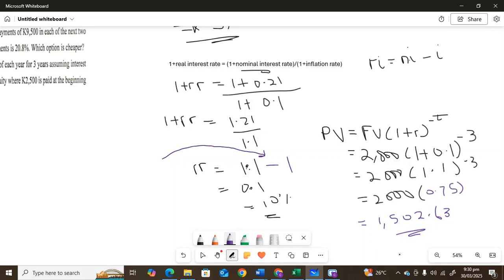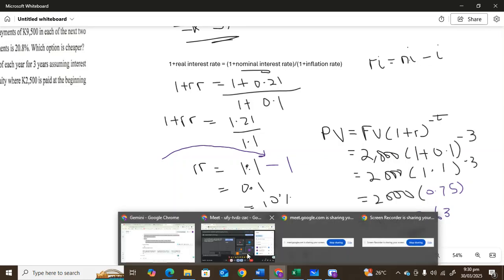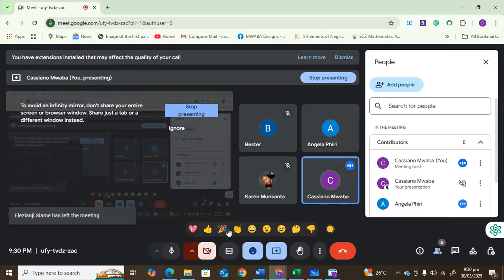So in reality, when you're making decisions with these types of questions, it's always important to take into account inflation, because if you ignore inflation, yes, you know how much you need to put in and everything, but since there's some inflation in there, it's not really what you're getting in actuality.